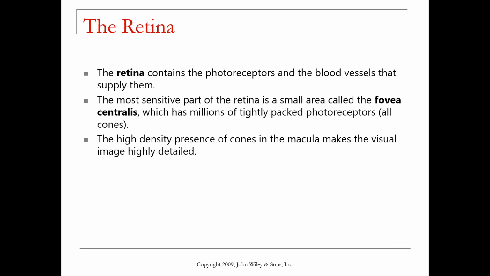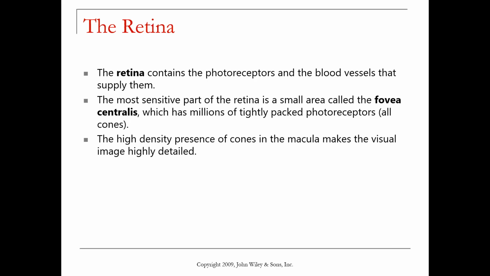Now, in our retina, though, let's talk about a healthy retina. The most sensitive portion of the retina is an area called the fovea centralis. In the fovea centralis, that is the area of the greatest visual acuity. The fovea centralis has all cones, all color receptors.